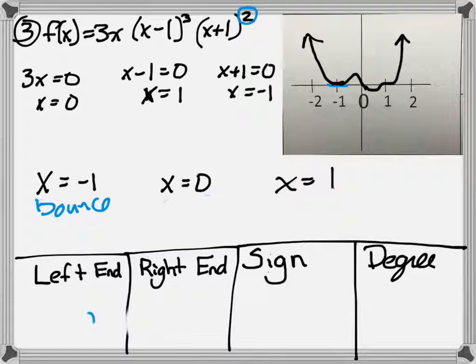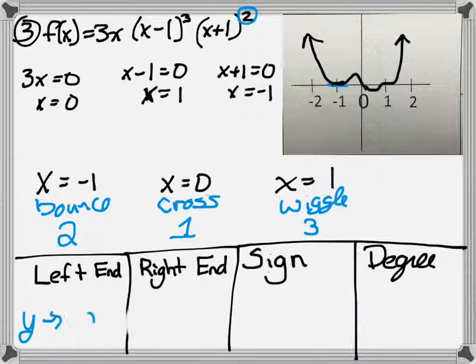And it was an exponent of 0. Exponent of 1. And at 1, with an exponent of 3. So the left end behavior, y approached positive. Right end behavior is positive. Sign, positive. Degree, 6.